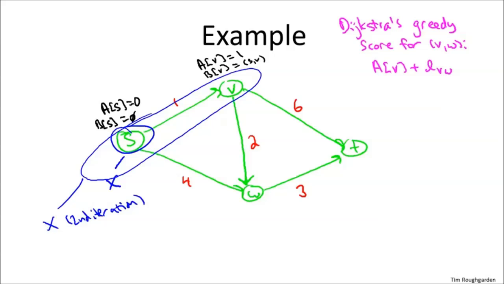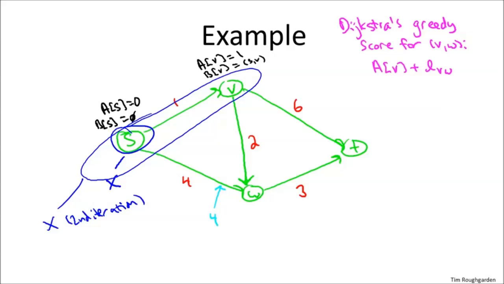So let's go from bottom to top. First of all, we can look at the arc S, W. The greedy score here is the shortest path distance for the tail, so that's 0, plus the length of the arc, which is 4. So here we get a 4 in this iteration. Then if we do this crossbar edge, this VW edge, the Dijkstra greedy score is the shortest path distance value of the tail, which we computed last iteration.